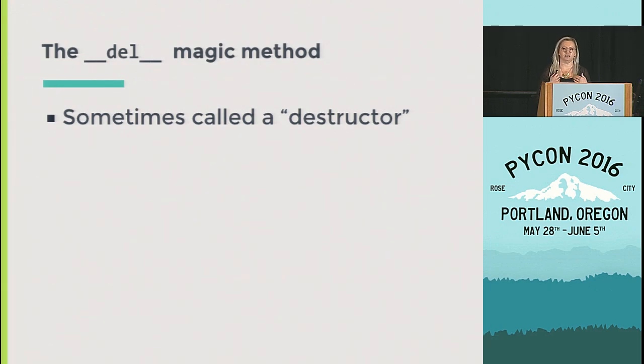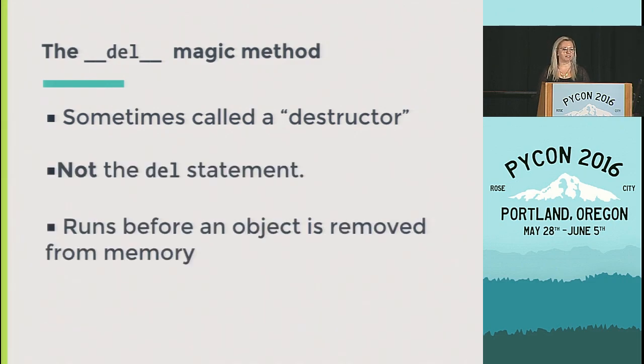And the dunder-del magic method is only called when the reference count of that object reaches 0. So we run it before an object is removed from memory. If you're using Python 2, this is a pretty big gotcha. You can end up with lots of crud in memory. So keep a watchful eye out.